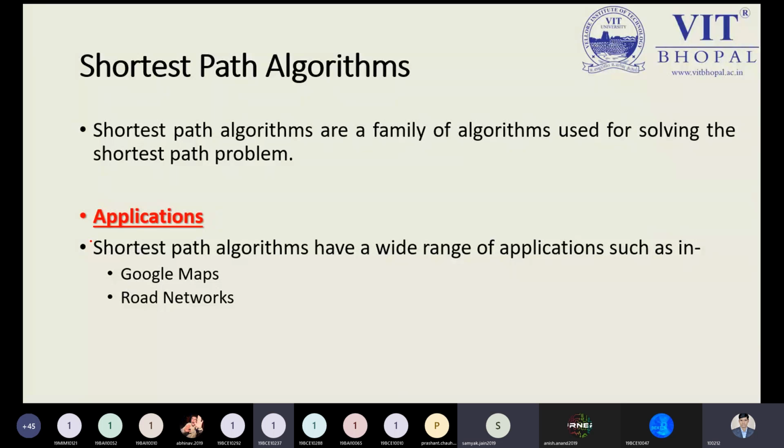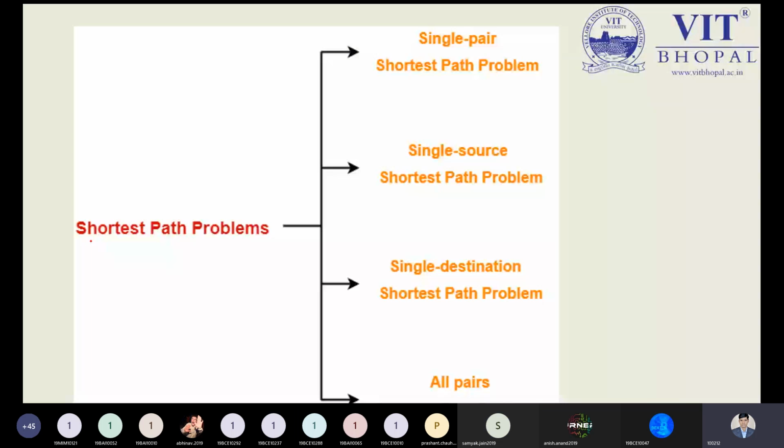Okay, so shortest path problems can be solved by various approaches. Number one, we have the single pair shortest path problem. Single pair shortest path problem, keep in mind the words. Next, we have the single source shortest path problem.